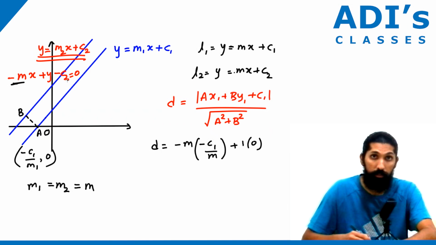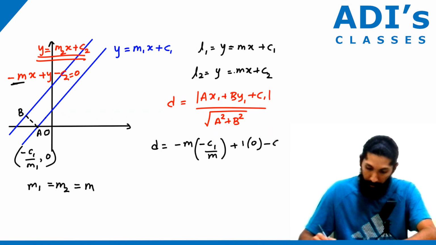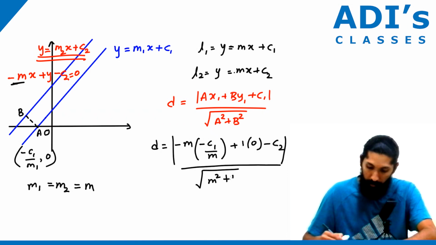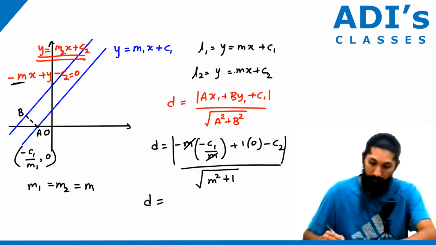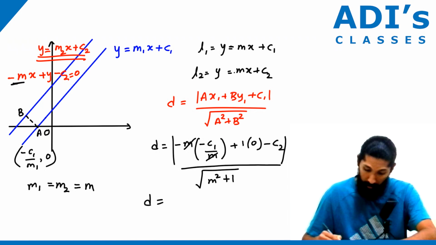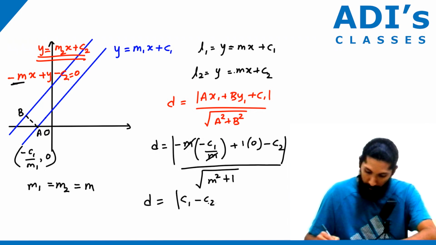So minus c2, whole divided by modulus of root of m square plus 1. So the d value becomes, see here, m and m cancel, minus and minus is plus. You get mod of c1 minus c2 over root of m square plus 1.